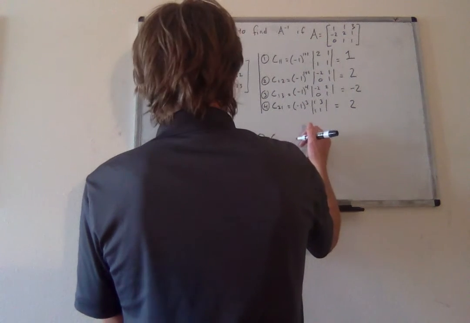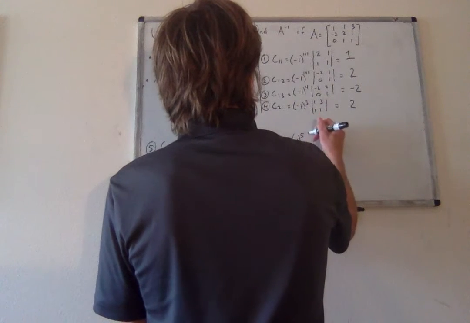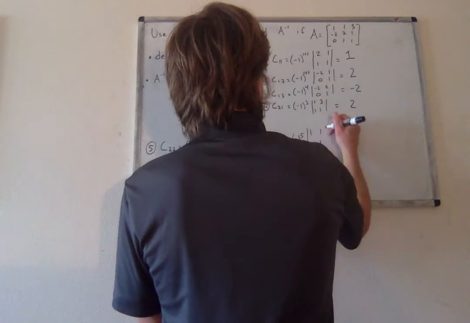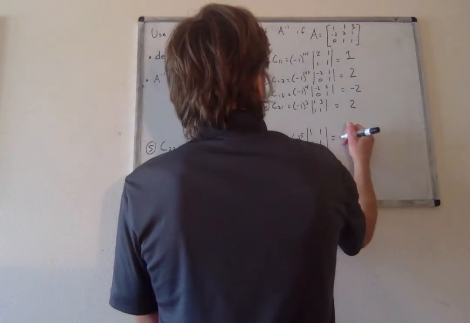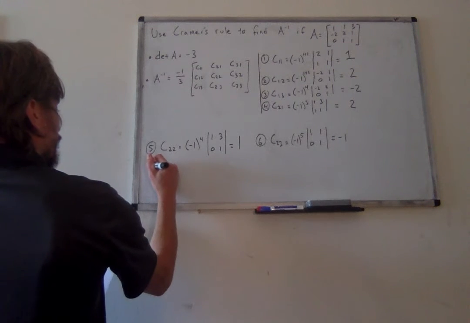C23 is equal to negative 1 to the 5th times the determinant of 1, 1, 0, 1, which equals -1. 7.